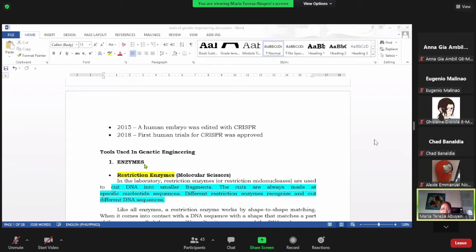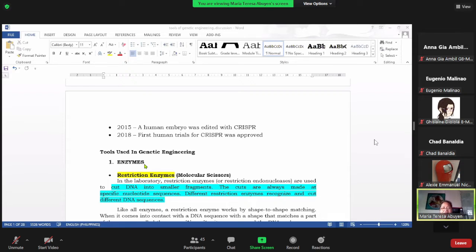You still remember replication, the enzymes used in replication, the DNA polymerase, and what else? The DNA ligase. Those are enzymes that are very important for replication to occur. Even transcription will not occur if there are no enzymes that help do the process. So enzymes in cells are very, very important.